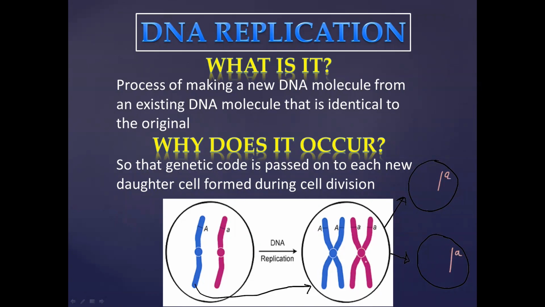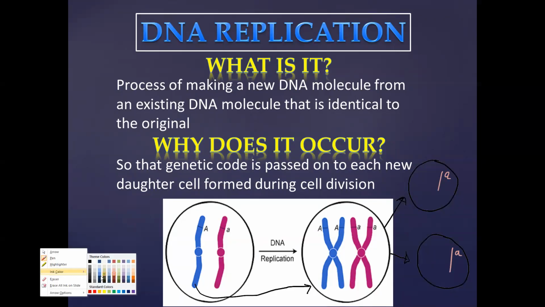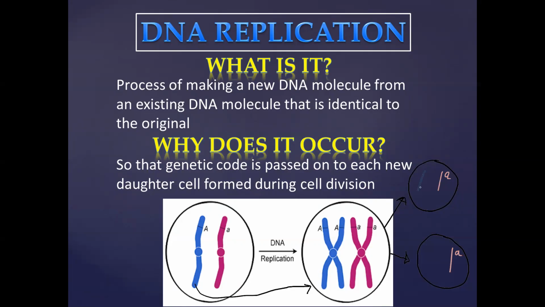So for the pink chromosome, the centromere will split, and each of these chromatids will separate, and you're going to have it now being called an unreplicated chromosome, one going to each cell. And the same thing happens for the blue chromosome. It's going to separate, and we have one unreplicated chromosome going to each cell in the end.